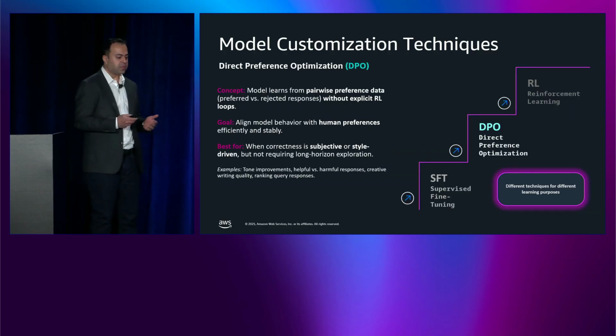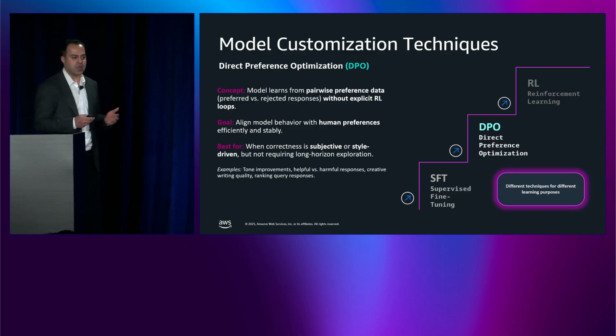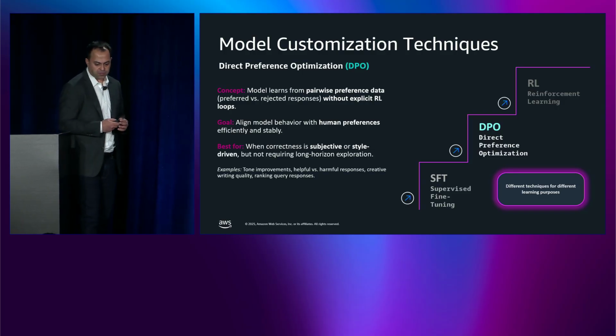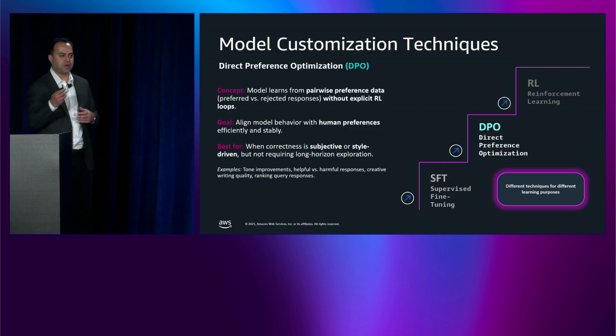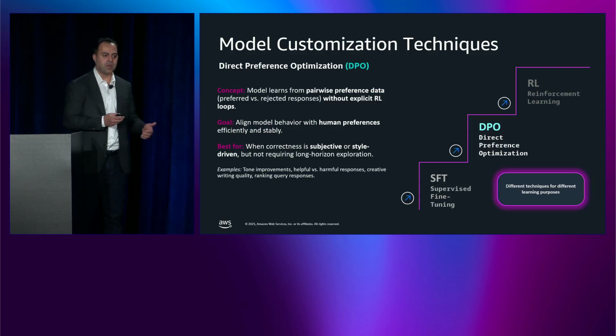And the last one is direct preference optimization. So DPO is a close cousin of RL, but not quite RL, in the sense that with DPO, you show the model that, hey, I prefer this response for a given prompt. I prefer this response over the other. And through that, the model learns your preferences.